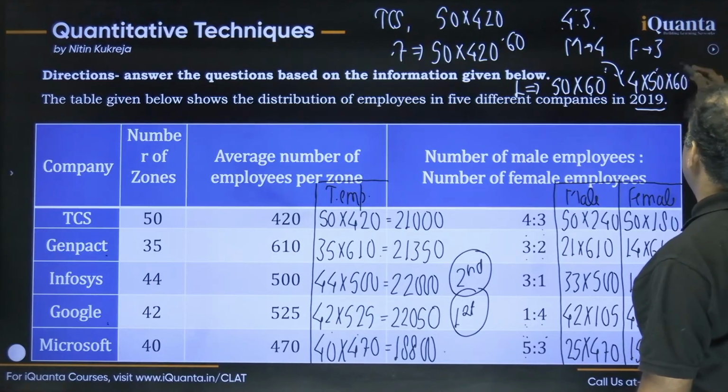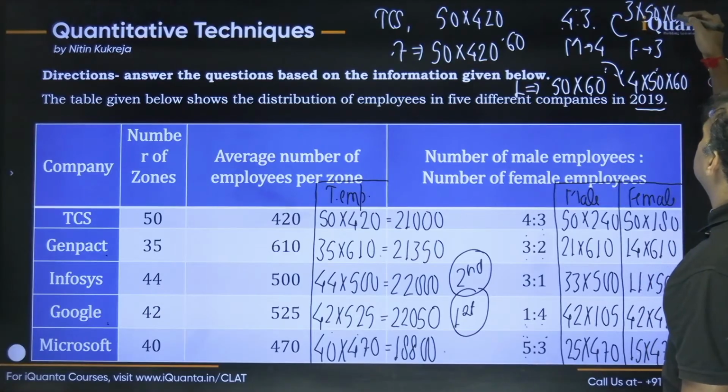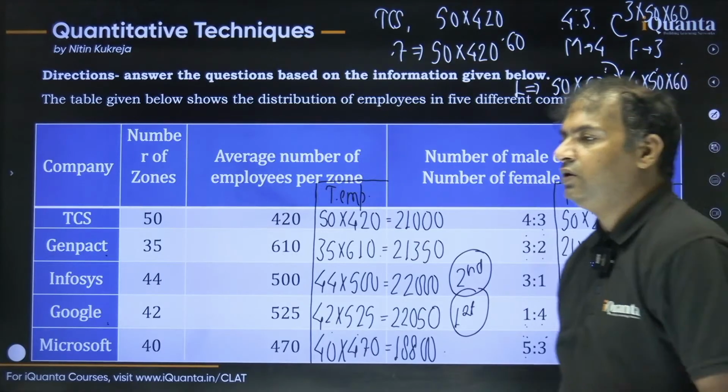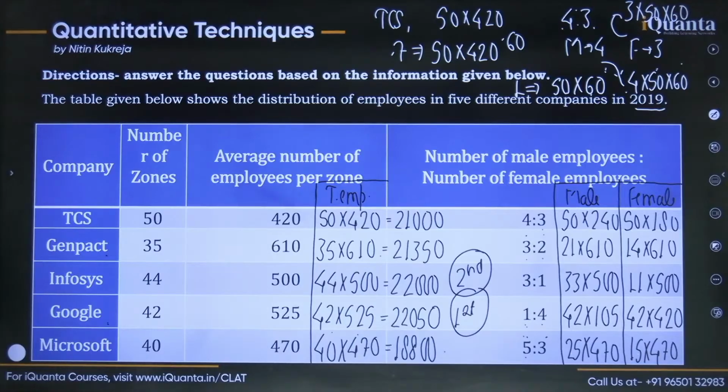And this 3 must be equivalent to 3 into 50 into 60, okay? Now 3 into 60 is 180 I wrote here, and 4 into 60 is 240 I wrote here. So this is how I'm doing the things. Hope this is clear to you, Harikala, now.